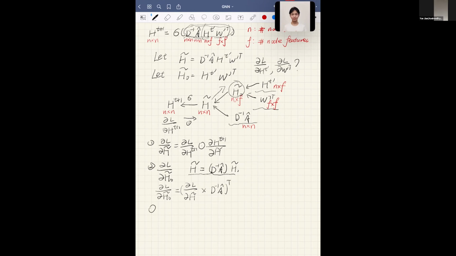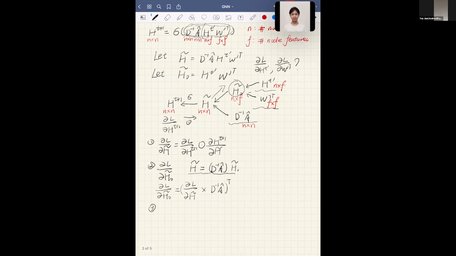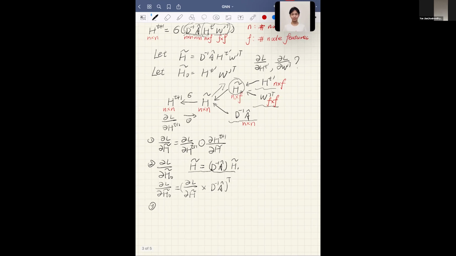Then the question reduces to a single affine equation like this. So first, let's write down H0 tilde equals H_t prime and W prime transpose. And we have already computed d loss over dH0 tilde.